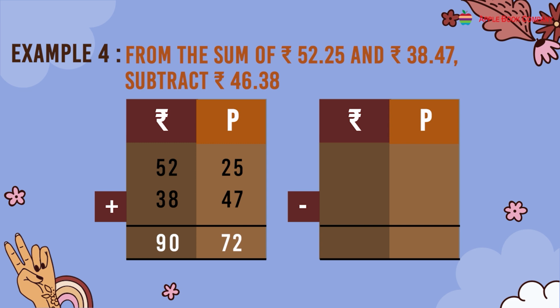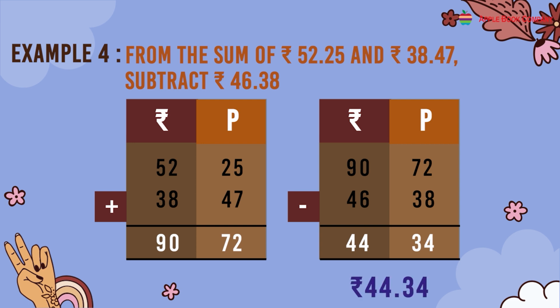Now subtract 46 rupees 38 paise from 90.72. So you get 34 in paise, 44 in rupees. So the answer is 44 rupees 34 paise.